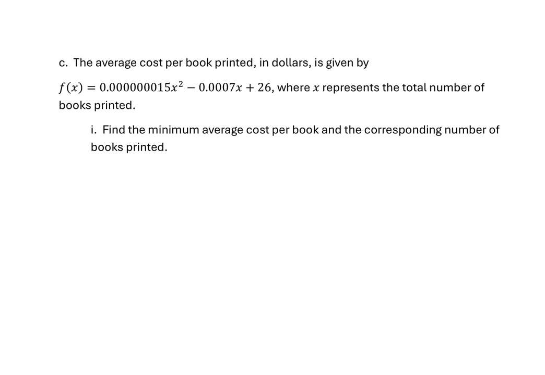That's the main thing I want to focus on. Okay, so we have f of x is the average cost per book, and x represents the total number of books printed.